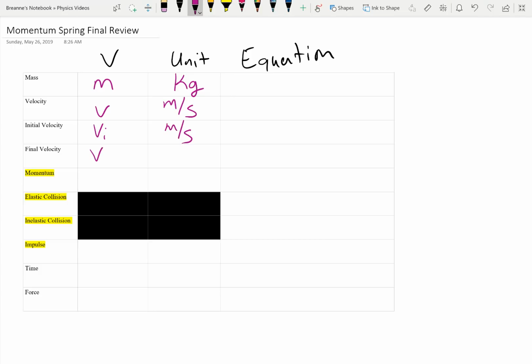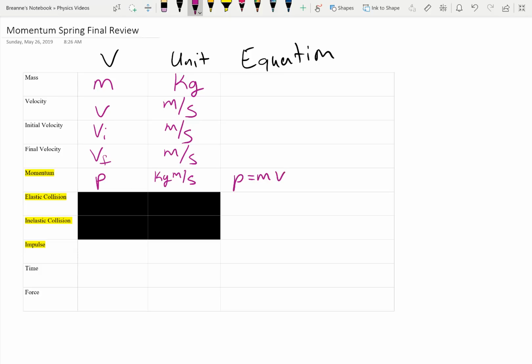Final velocity is represented with a VF, still in meters per second. Momentum is represented with a P, lowercase p, and it's measured in kilograms meters per second. And your equation for that is P equals mv.